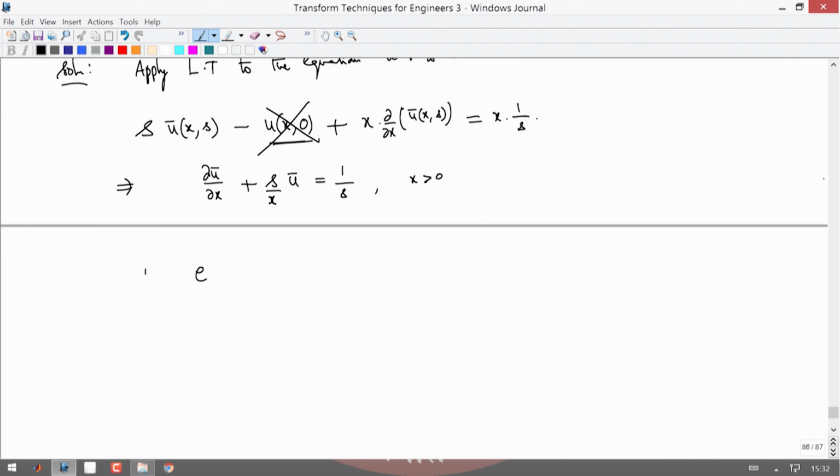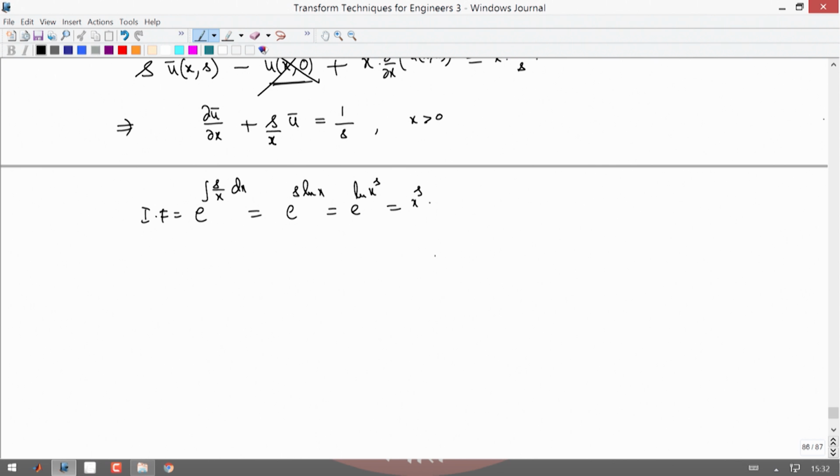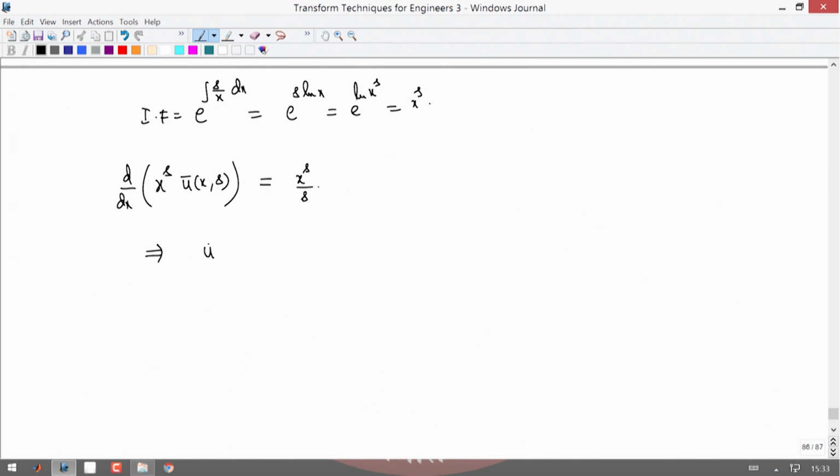So, the integrating factor is e to the power integral s by x dx. So, you get e to the power s ln x, that becomes x to the power s. So, you have x^s as your integrating factor. If you multiply the equation by x^s, the left hand side becomes the derivative with respect to x of x^s ū of x, s, and the right hand side is x^s by s.